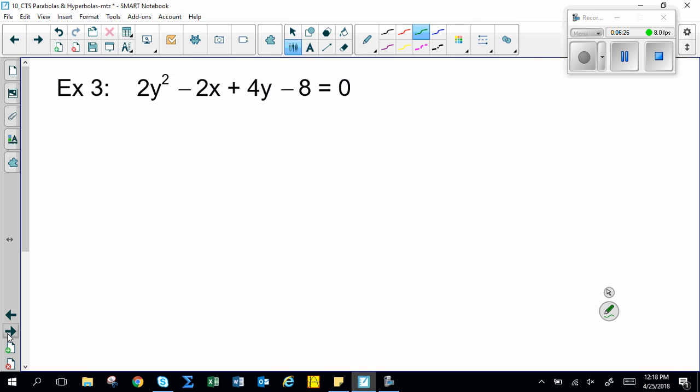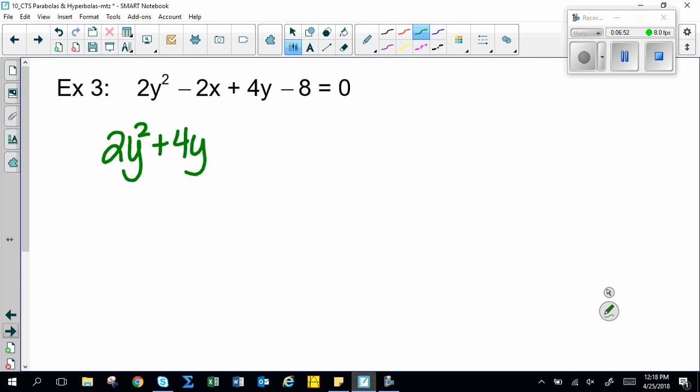So let's take a look at this third example. What type of conic is this? It's a parabola because you see there's no x squared term. Completing this square is just a tiny bit different. What we're going to do is group the term that has the squared. So this has a y squared, so I'm going to group my y's together.